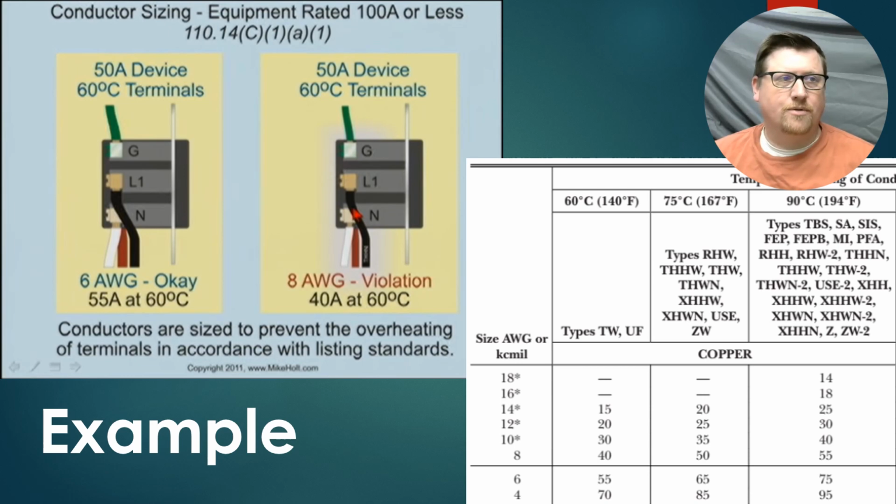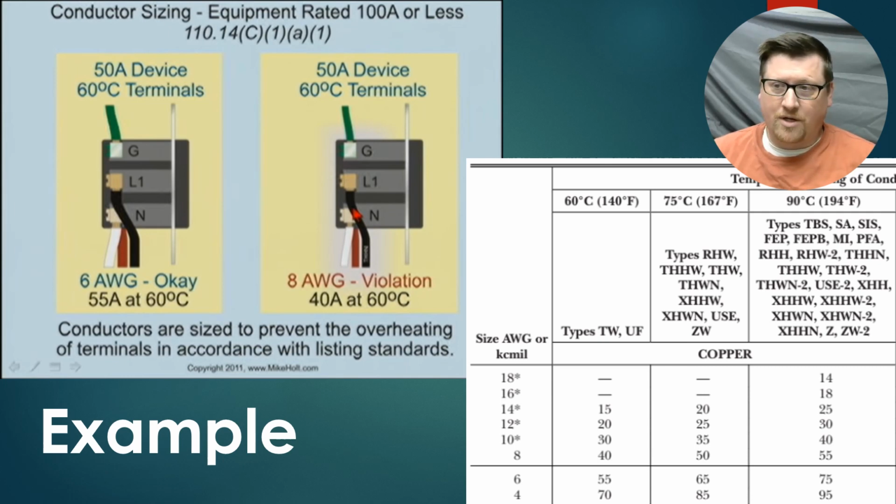As an example, we have a 50 amp device, and it has 60-degree rated terminals. So when we're choosing our wire size, we're going to use the 60-degree Celsius column.